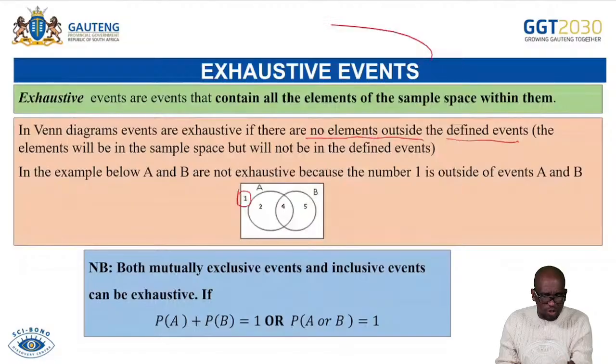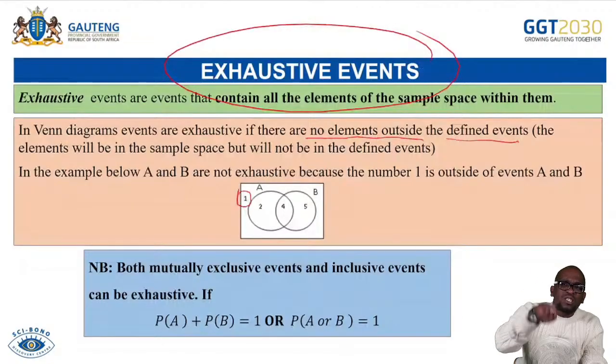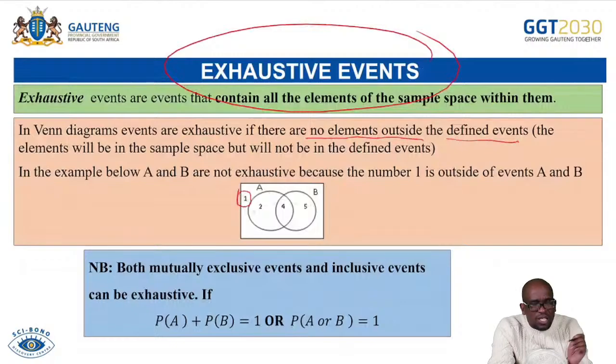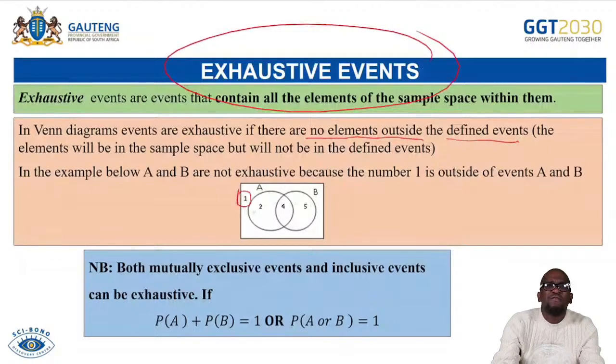Remember, when you say exhaustive, you are saying exhaustive events. So the events themselves must exhaust the sample space. These 2 events, A and B, do not exhaust the sample space, all right? Because there's one element, number 1, which is outside of the defined events but within the universal set.